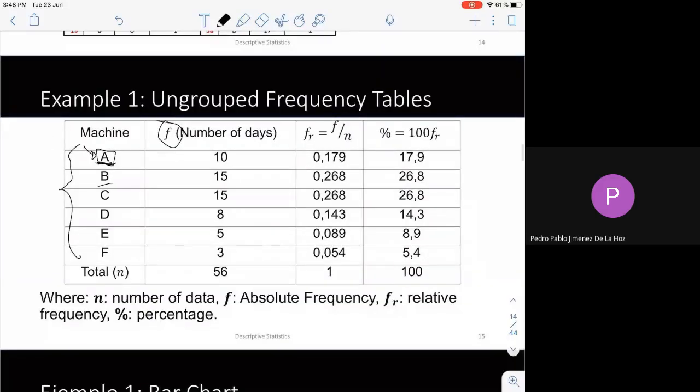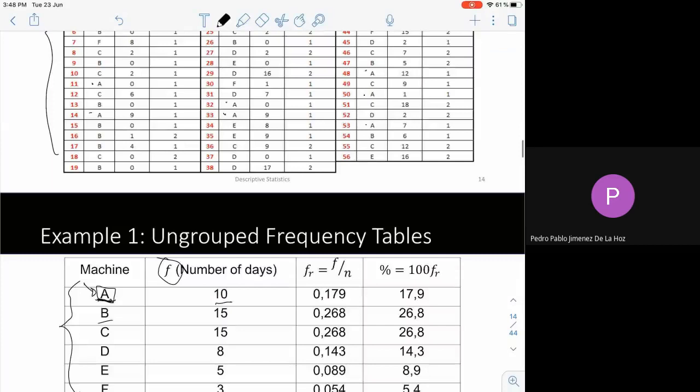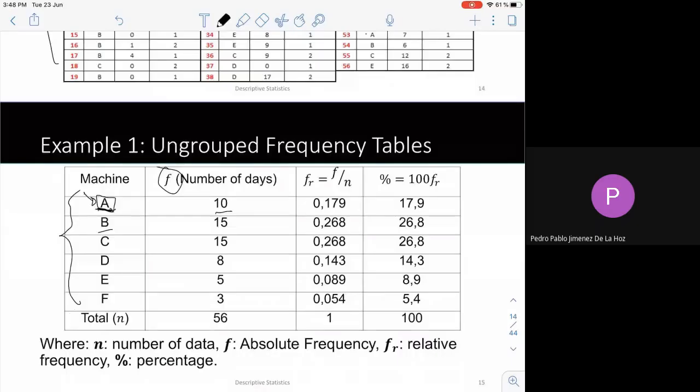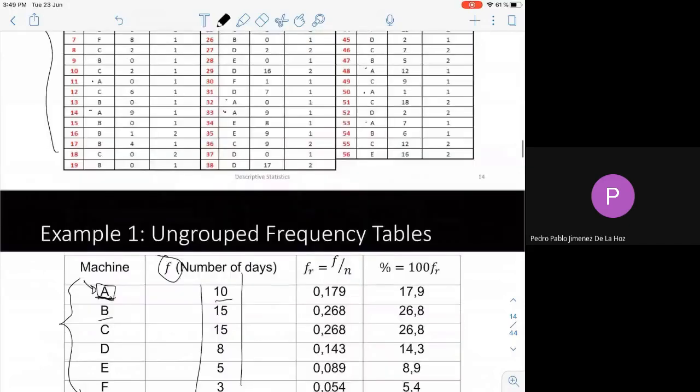That's the absolute frequency, the number of times that an observation is repeated. You have to perform the same thing for the other machines, B, C, D, E, and F, so you get the absolute frequencies. Of course, if you add them up, you will get that in total there are 56 observations, or 56 days in our analysis.